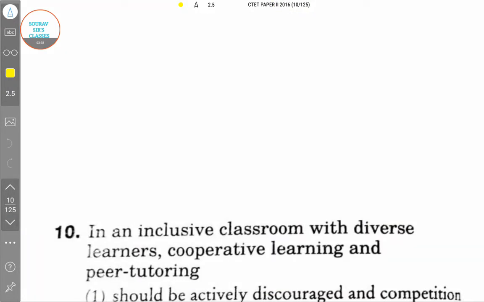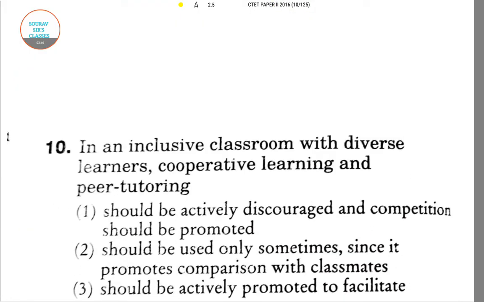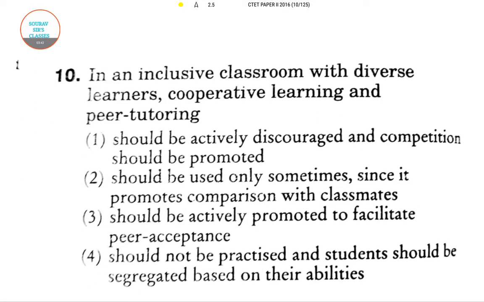Now here is the next question. In an inclusive classroom with diverse learners, so the classroom is inclusive but the learners are diverse, cooperative learning and peer tutoring, and here again four options are given.